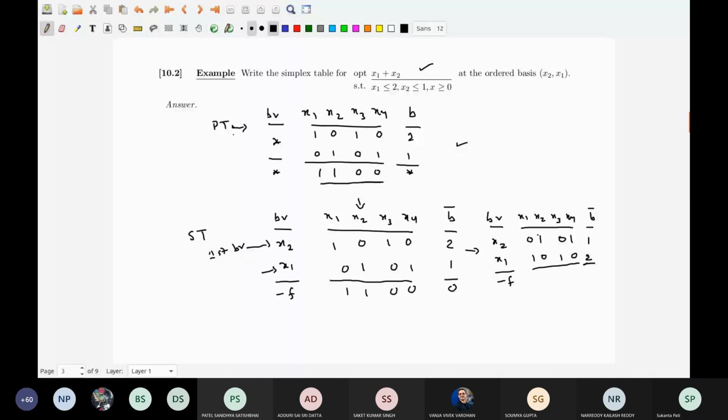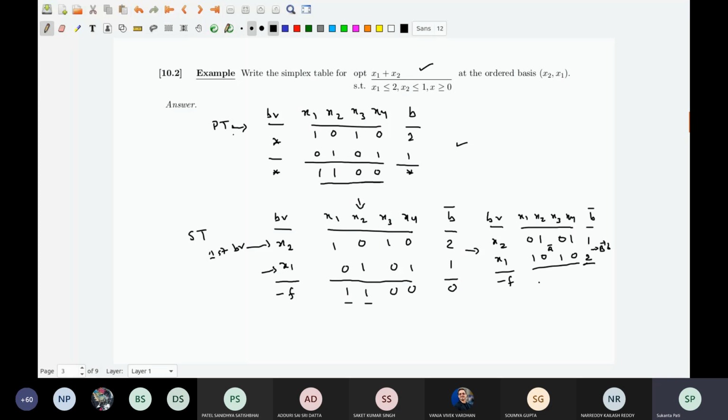Next, entries of C below the basic variable must be made 0, by taking multiples of rows of A bar. This is now A bar, and this has been converted to B inverse B, that is B bar only. By taking rows of this and adding to this.